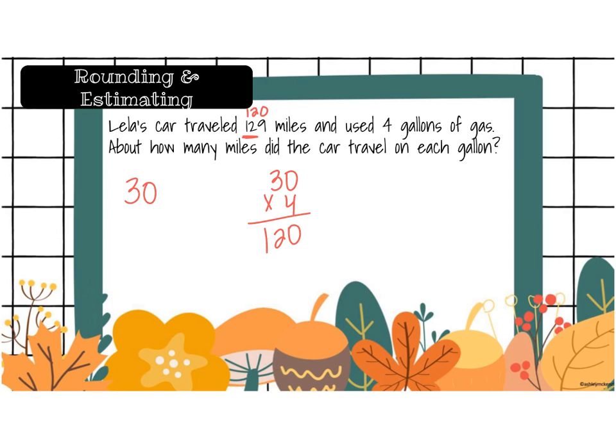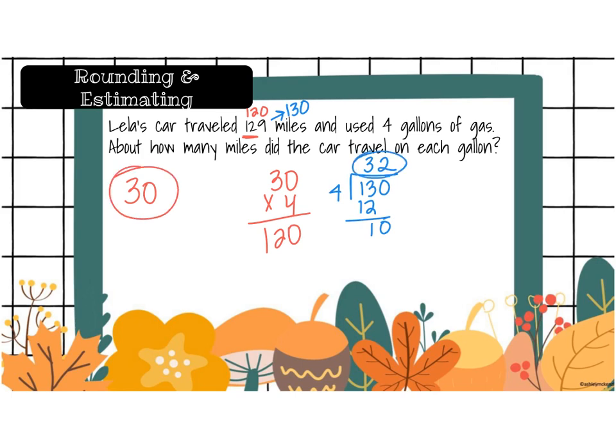If I rounded 129 to 130 and did 130 divided by 4, I still know that 4 goes into 13 3 times, which is 12. And 4 goes into 10 twice. So it's about 32, and I'm going to have a remainder. That was another very common answer I saw on your whiteboards.